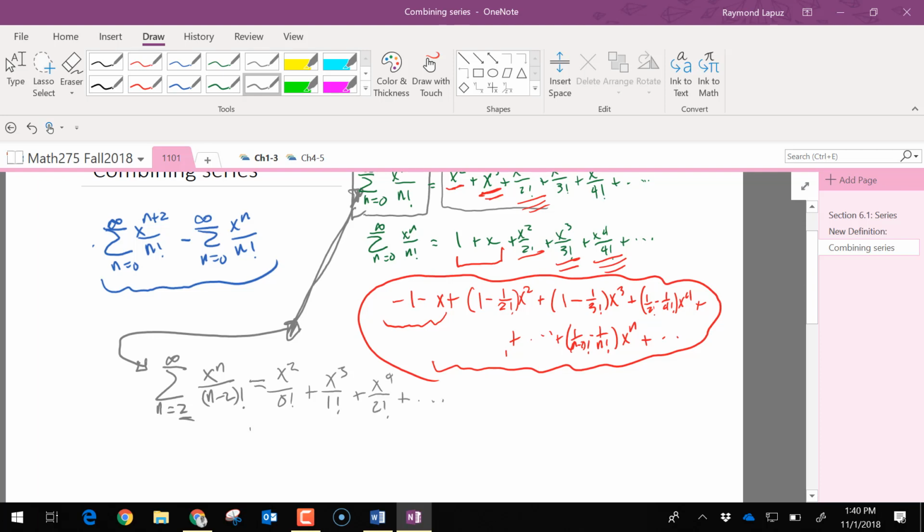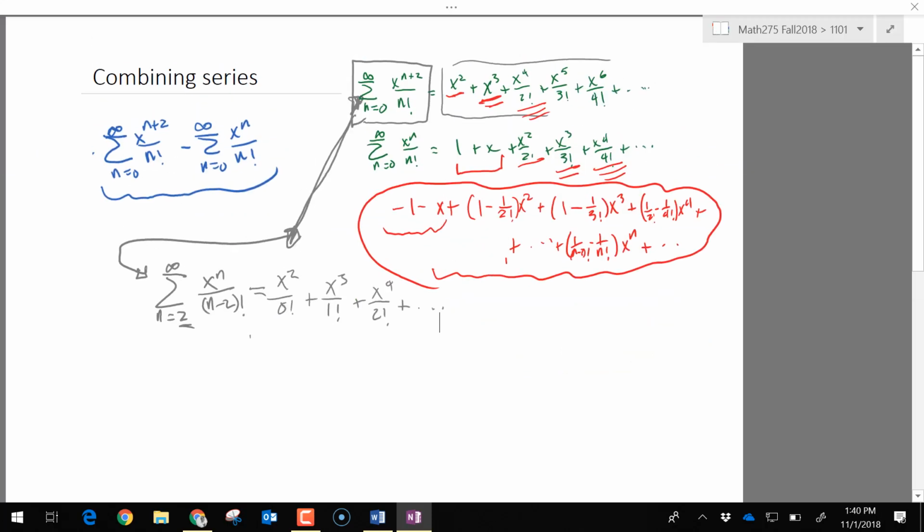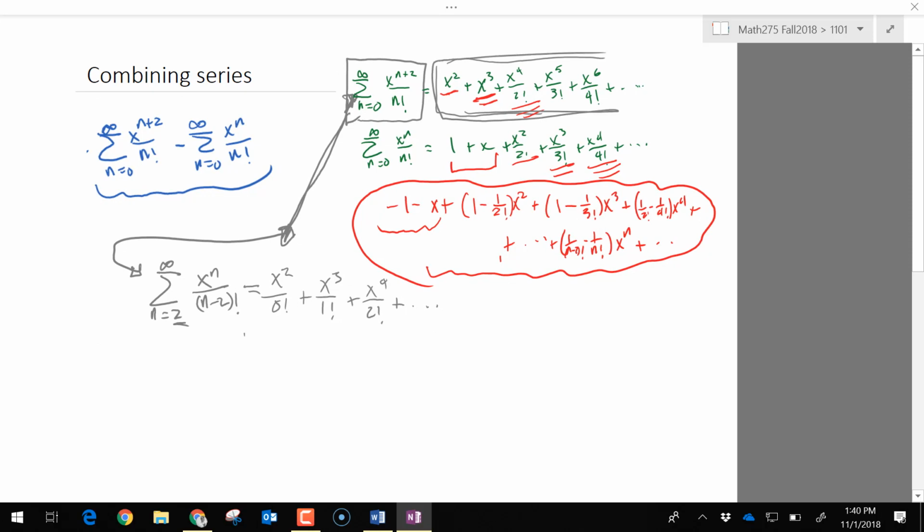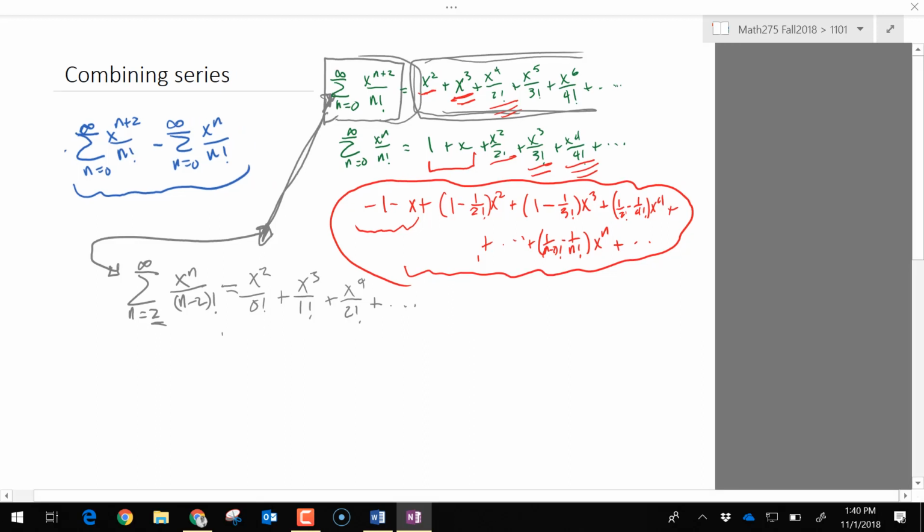And you'll see that this looks just like the series that we were looking at earlier, this one. So what I'm saying is that this series here is the same as this series here.